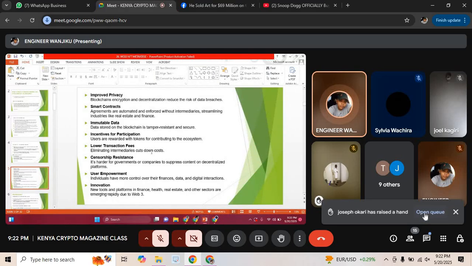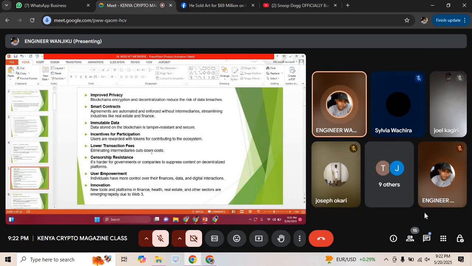In simpler terms, a token and its use case. Joseph? Bitcoin. Decentralization and store of value through mining. Yes, decentralization of finance.